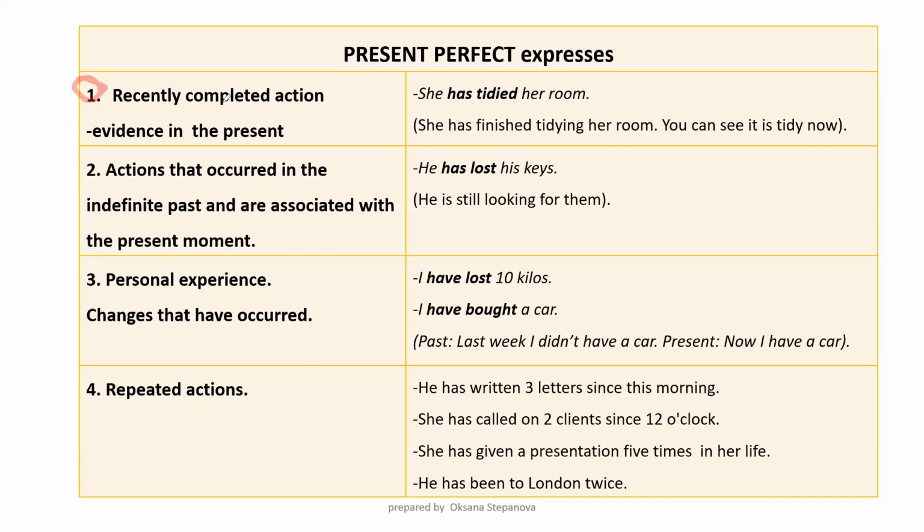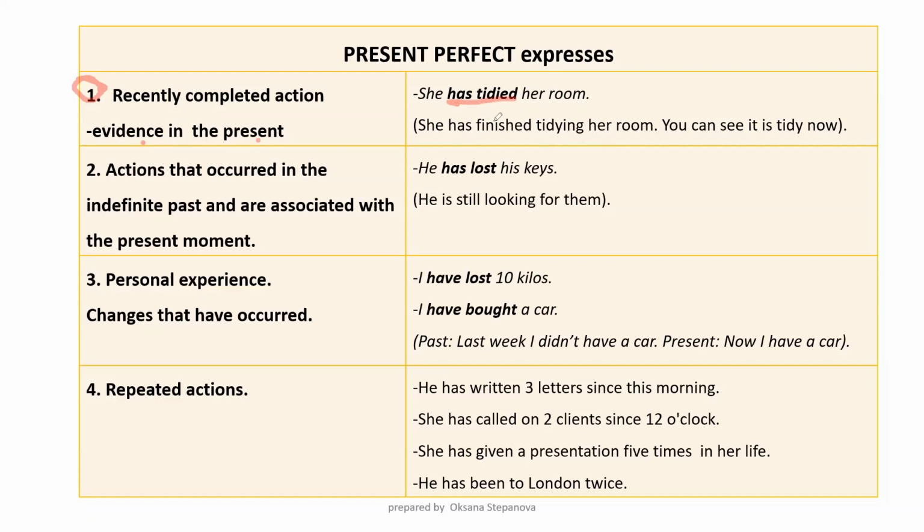So, completed action. If you look back to the diagram I was drawing before, you see that the action started in some unspecified past, and we have the evidence in present. She has tidied her room, and we have the evidence of this, right?